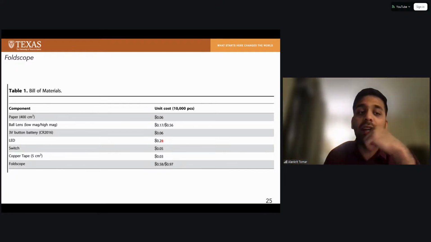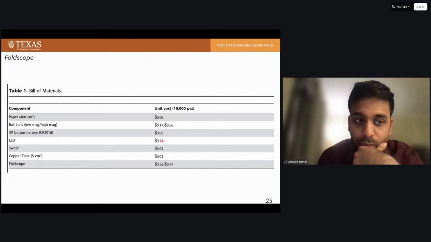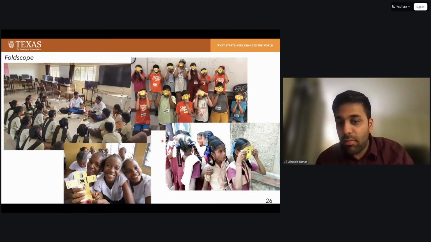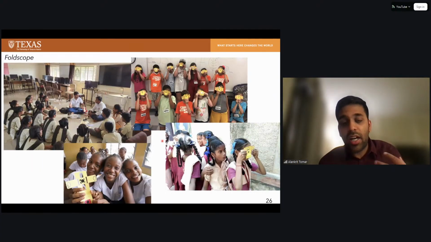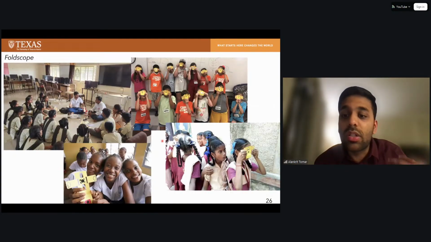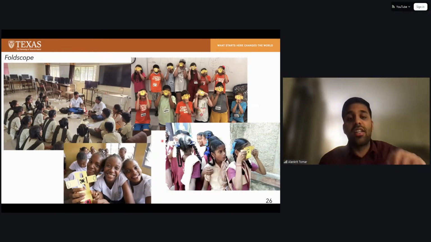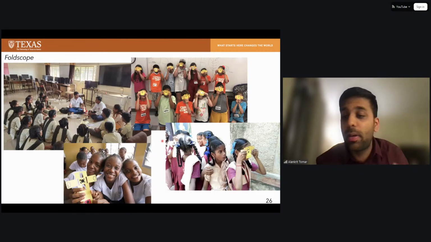Yes, so this is the breakdown of the Foldscope. And across the world, there are more than 1 million Foldscopes that have been built. Teachers and educationists run workshops to teach people how to build a Foldscope.